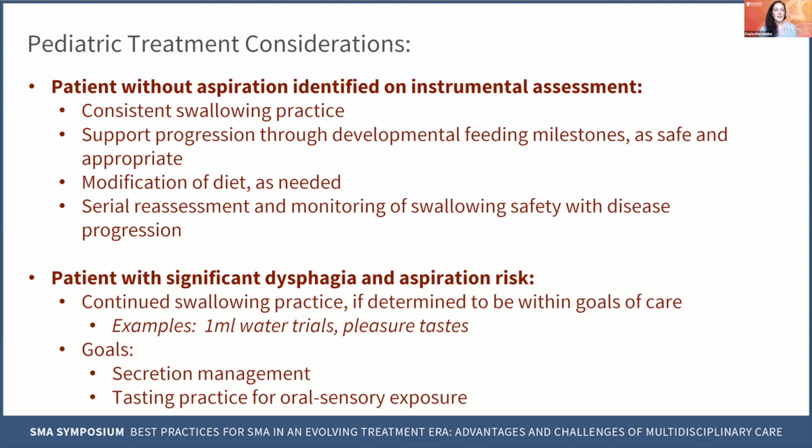After your assessment, if you've identified that this patient may have either a mild dysphagia or no dysphagia and is not at a significant risk of aspiration, your treatment is probably going to be continuing on an oral diet, making sure they're continuing with consistent swallowing practice, depending on if they have a supplemental feeding tube in place or not. If it's safe, we want them to continue to be eating if that's something that's enjoyable and pleasurable for them.